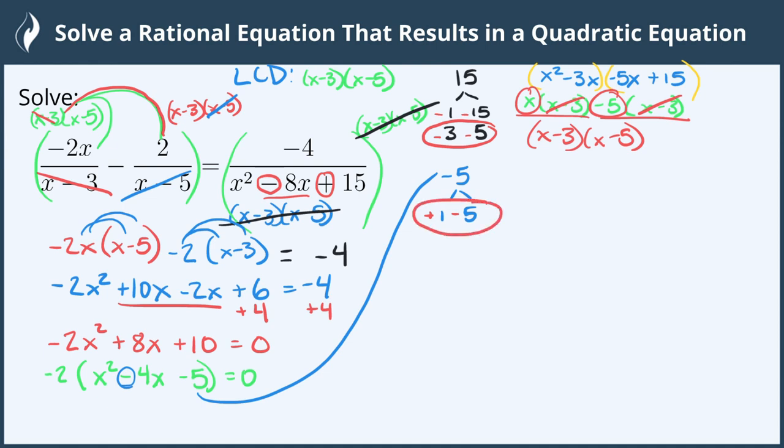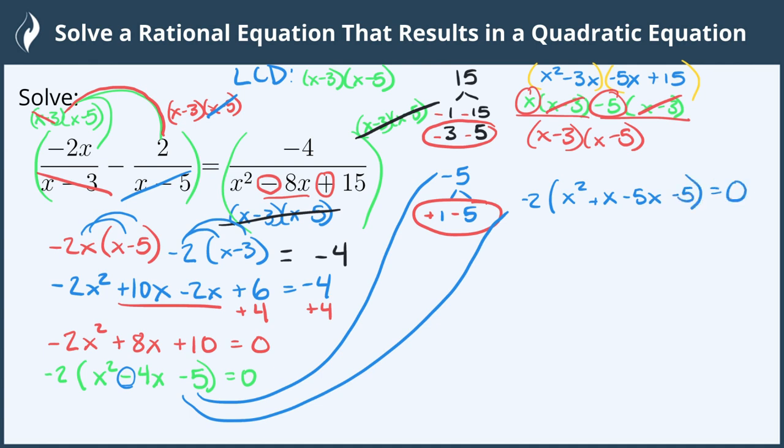So we can replace that and rewrite it. Let's bring the whole thing over to the right side. So we have negative 2, and we're replacing this with x squared plus 1x minus 5x minus 5, and this still equals 0. Factoring by grouping the first two and the second two.